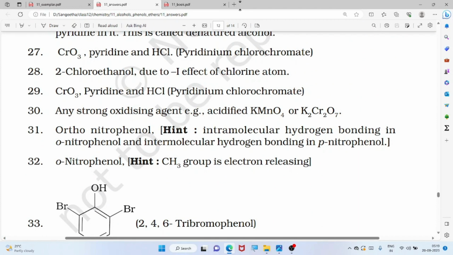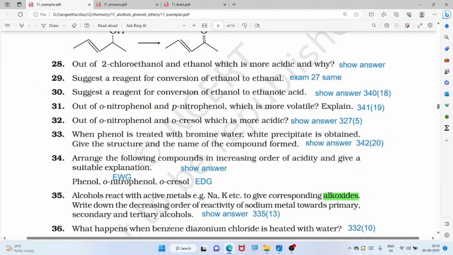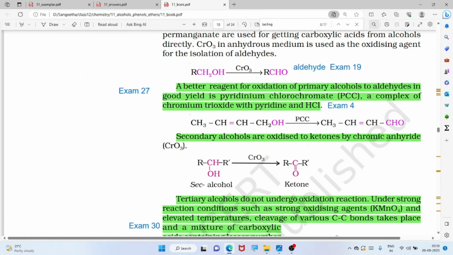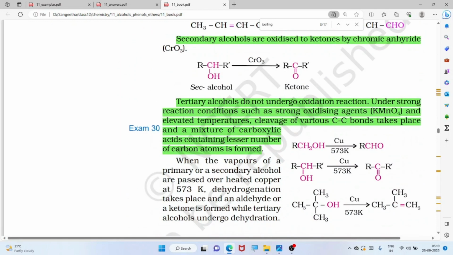Okay, ethanol to ethanoic acid in the presence of the oxidizing agent, such as an oxidizing agent and elevated temperatures. Okay, this takes place. Okay, this will become ethanoic acid.